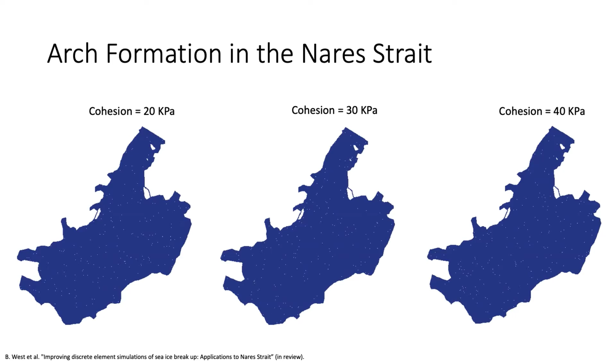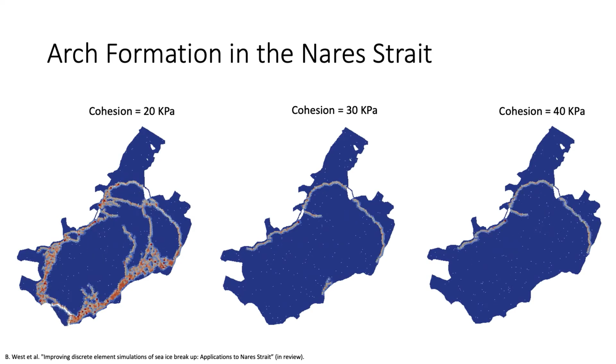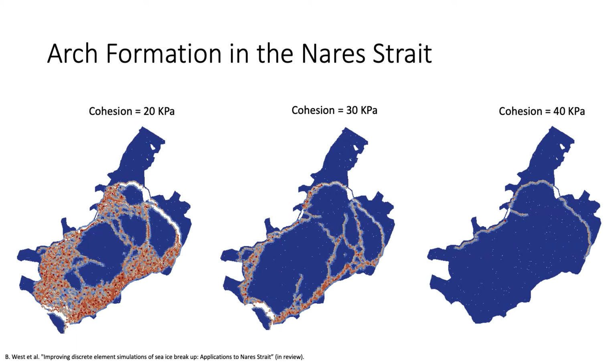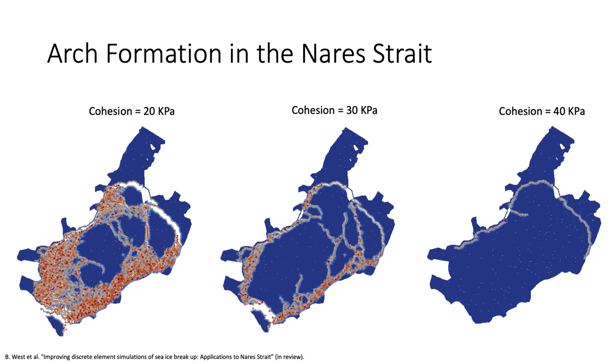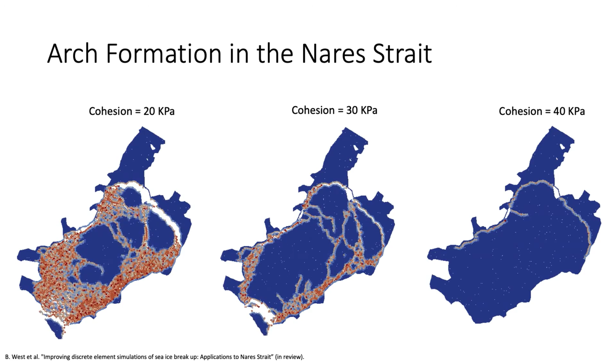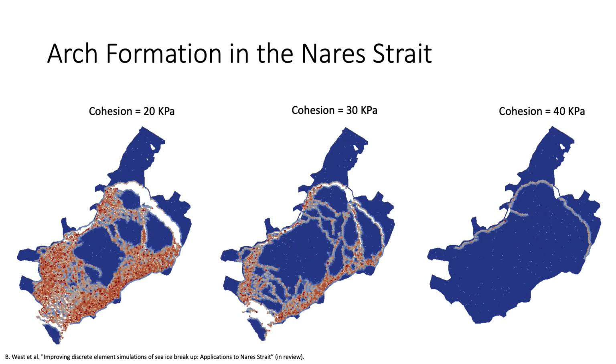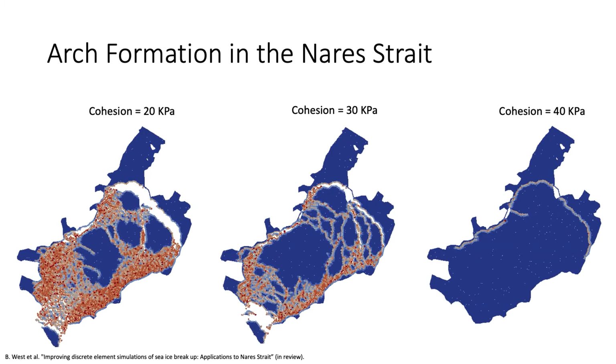We're varying the strength of the ice through varying the cohesion in our Mohr-Coulomb failure model. And what we see, again, is similar behavior as what we saw in the idealized channel simulation. We get quite a bit of breakup in the low strength model on the left, something in between in the middle, and then not a lot of breakup at all in our strongest, 40 kPa cohesion model on the right-hand side.